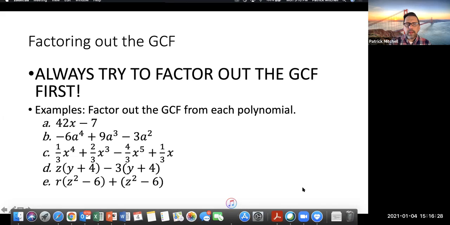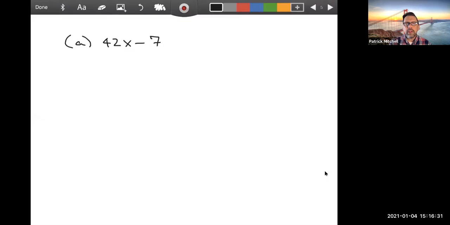Okay, starting with 42x minus 7. So since we've already gone over finding greatest common factor, I'm going to do that part a little faster. One nice thing about a video is that whenever I say something that doesn't make sense, you can pause the video and think about it, or go to the discussion boards or email me.